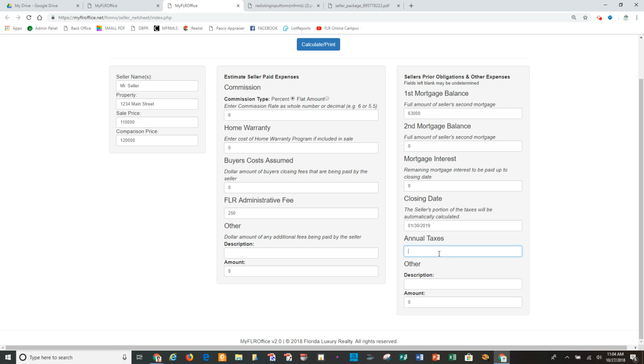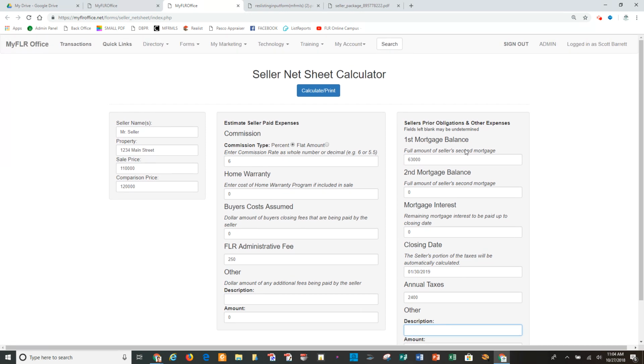So let's say for the sample that the taxes are $2,400 a year. We're going to suggest that the closing date is 3 months out. At this point, that would be around January 30th, 2019. And then I can add another fee if there's something else, a road assessment or a special assessment or something like that. But this pretty much does it.